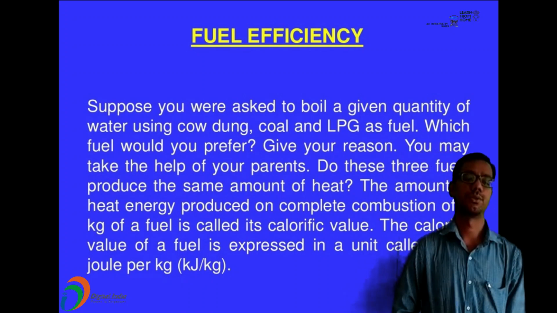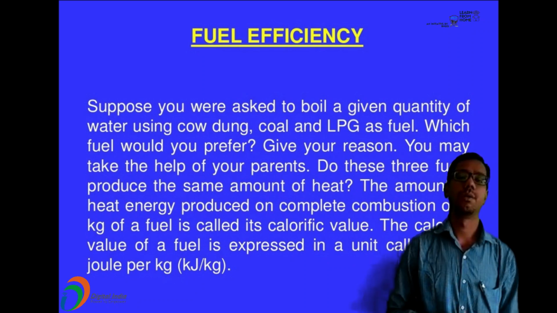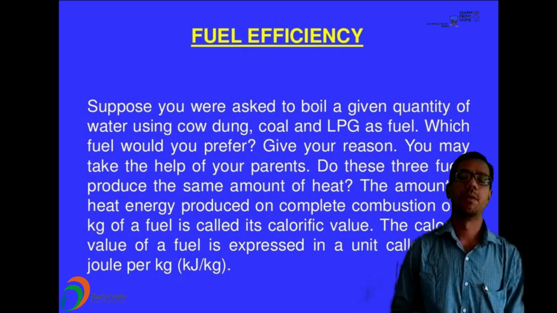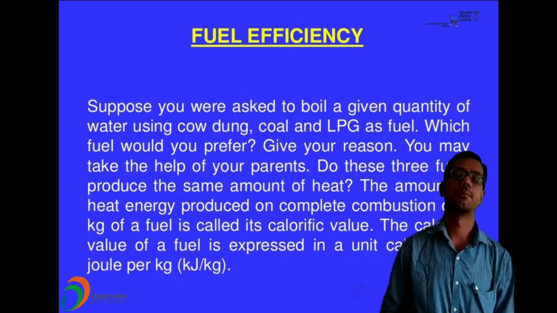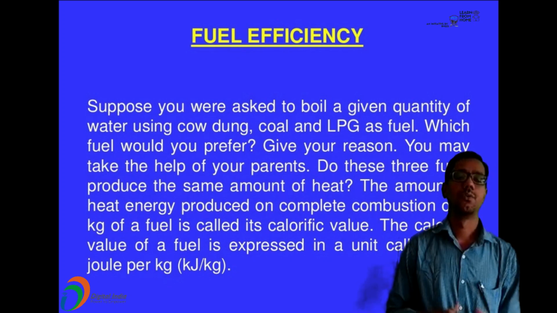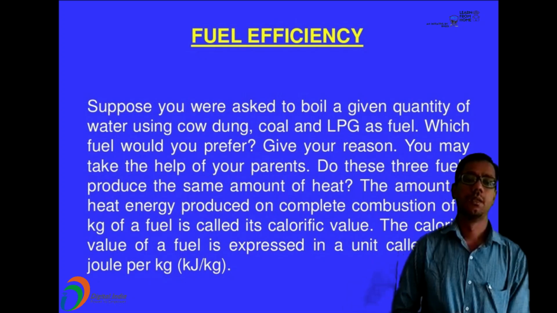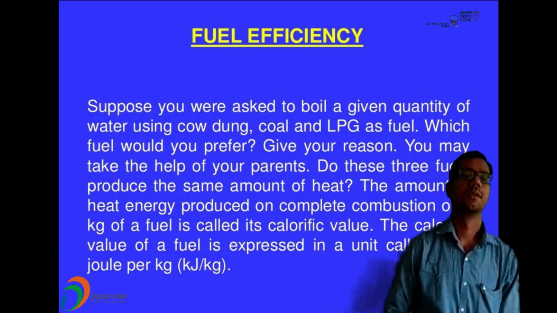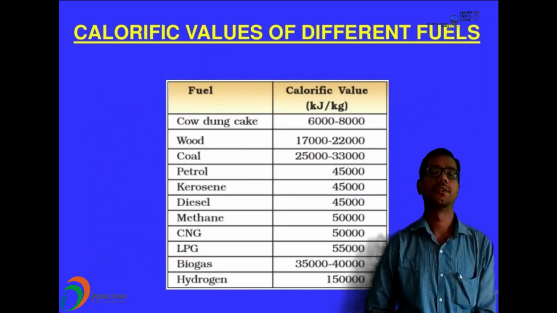How many kilojoules of heat energy are produced when we burn 1 kg of the substance in the presence of a complete supply of oxygen? This is called fuel efficiency. Next part is calorific values of different fuels.